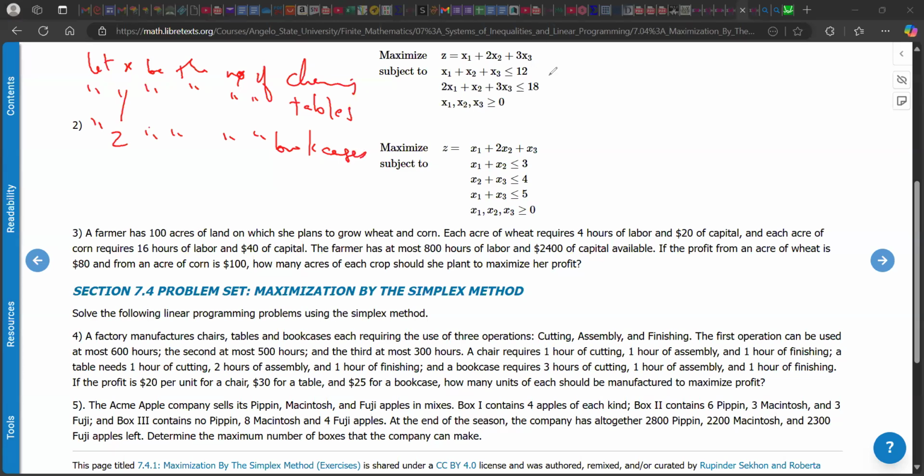So I write the inequalities over here. X plus Y plus 3Z less than 600.